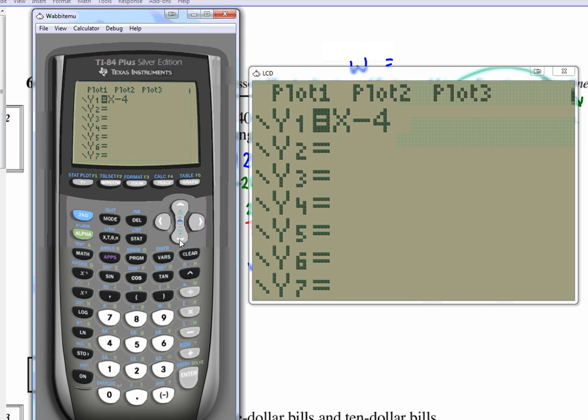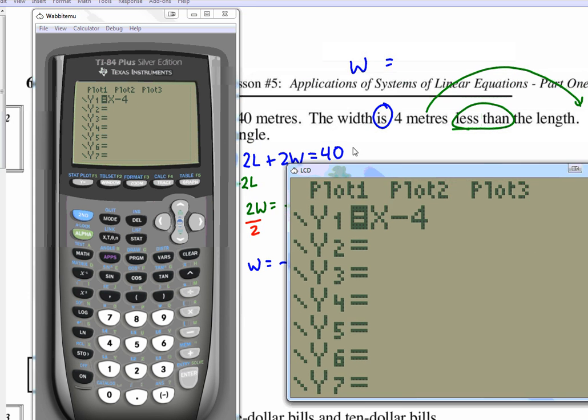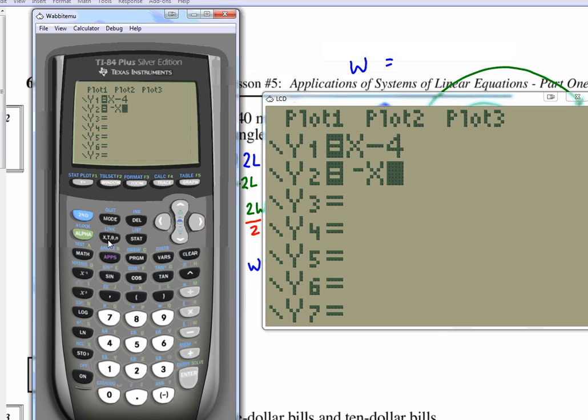Then into y2, what are you typing in? Negative x plus 20. You could put 20 minus x. Yeah, you could put x minus 4 in y2. Doesn't matter which one's which.